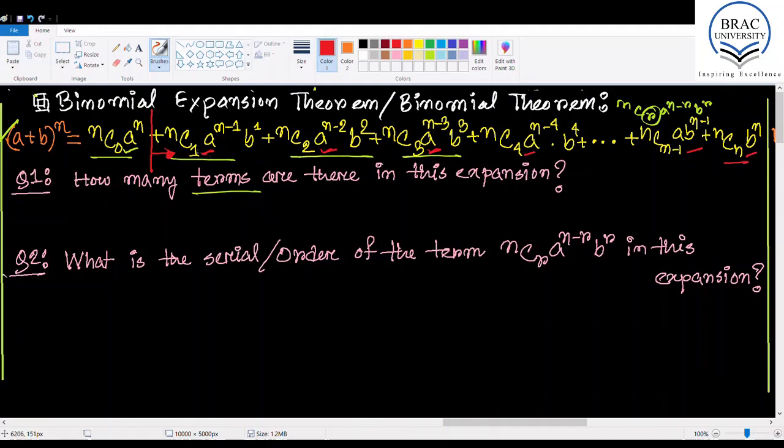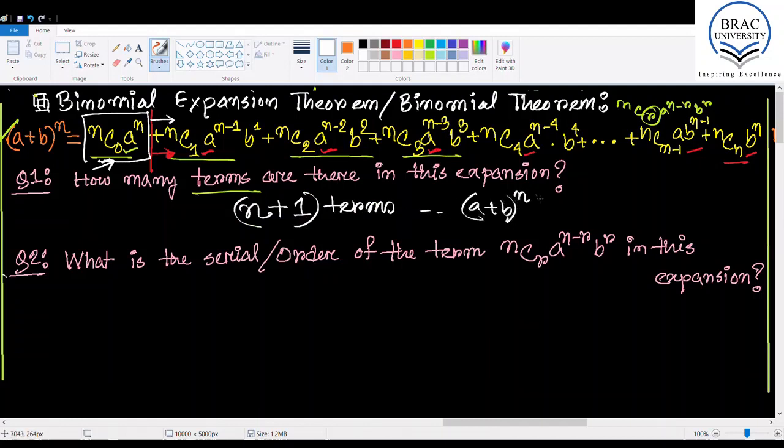With r values changing from 1 to n, there will be a total of n terms to the right of this partition, and we are also left with another term to the left of this partition. So there are a total of n plus 1 terms in the expansion of a plus b whole to the power n.